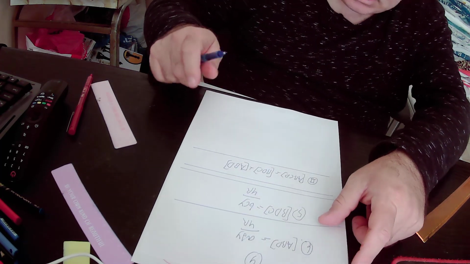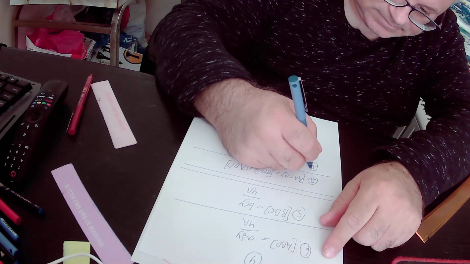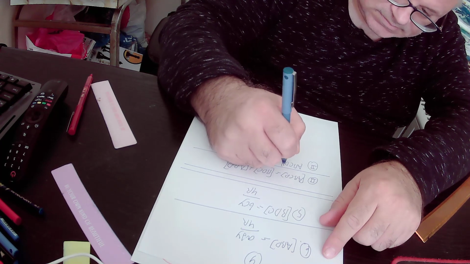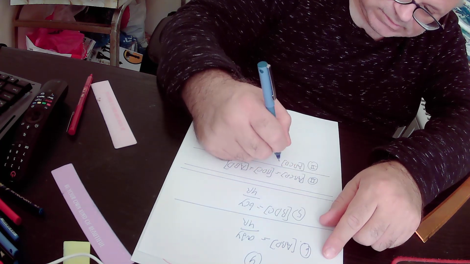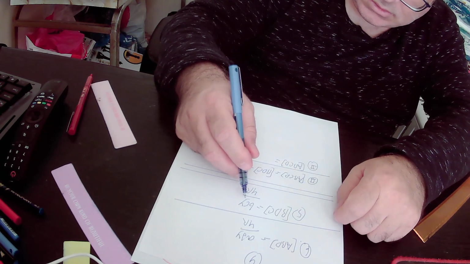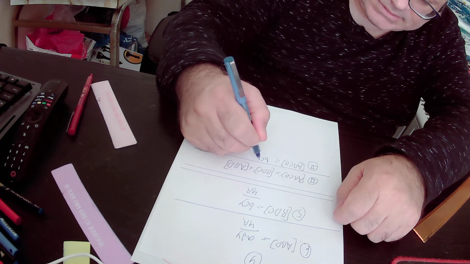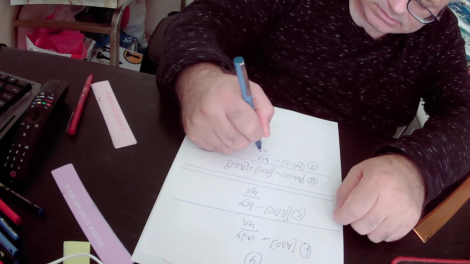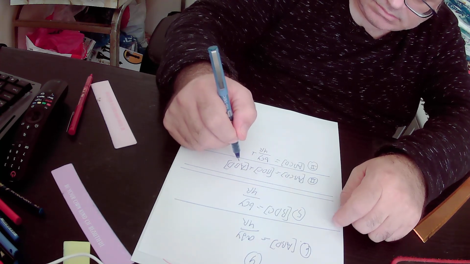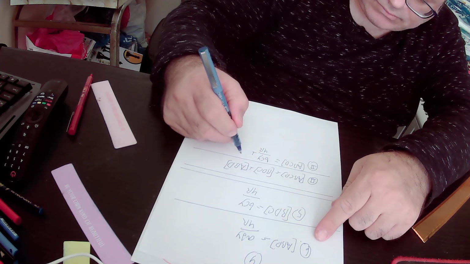So the area of quadrilateral ABCD equals the area of triangle BDC, but we have already found out that the area of triangle BDC equals BCY over 4R, plus the area of triangle ABD, which we already found out equals ADY over 4R.